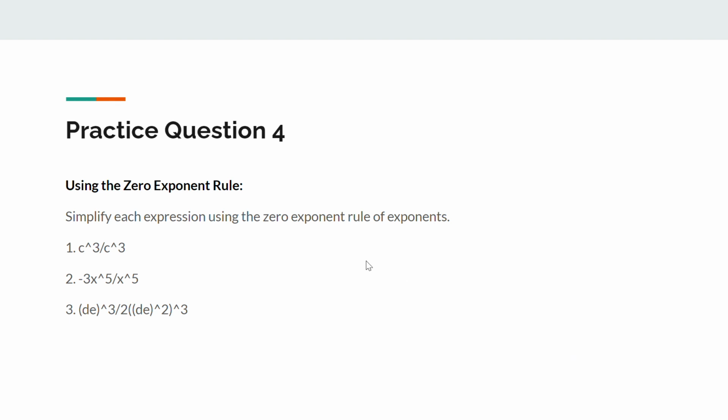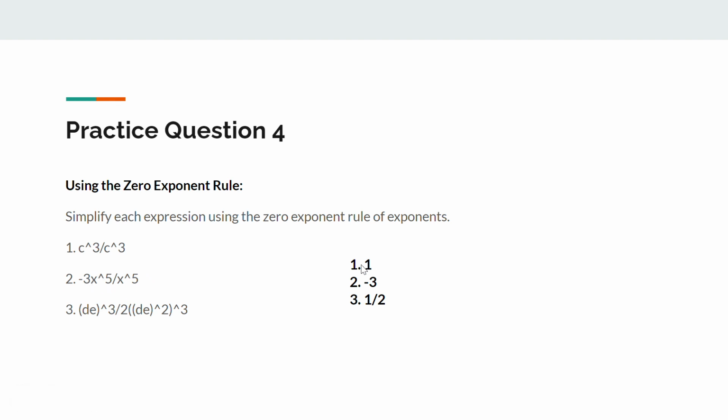So the answers for these three questions are, first one, just 1, and second one, it's negative 3, since if we cross out x to the power of 5 from both top and bottom, we get negative 3, since it's multiplied with that.